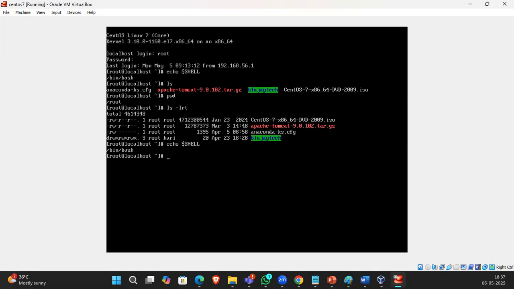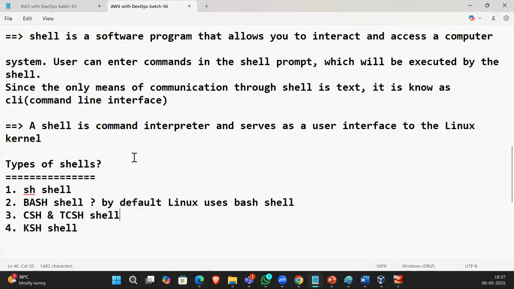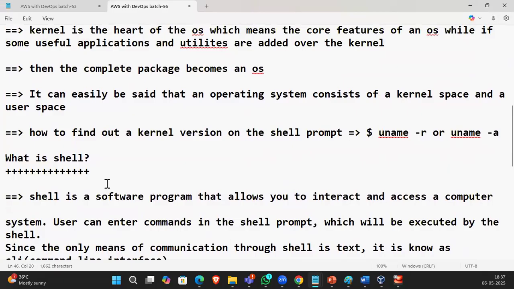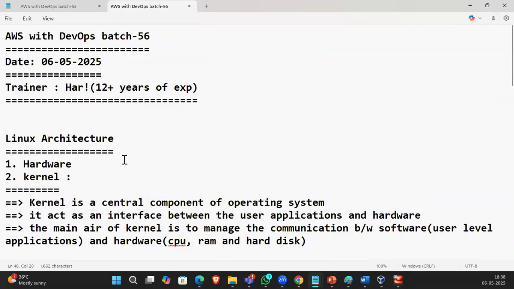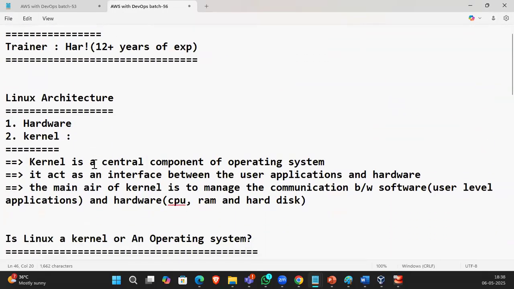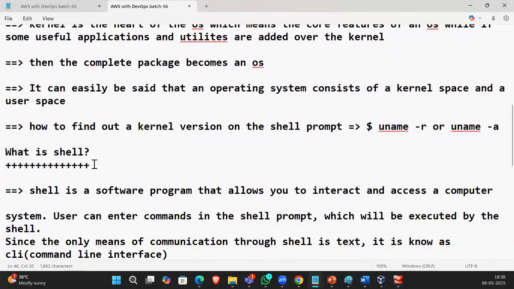Now you understood the Linux file system hierarchy. So types of shells, what is a shell, what is a kernel, Linux file system hierarchy, operating system.